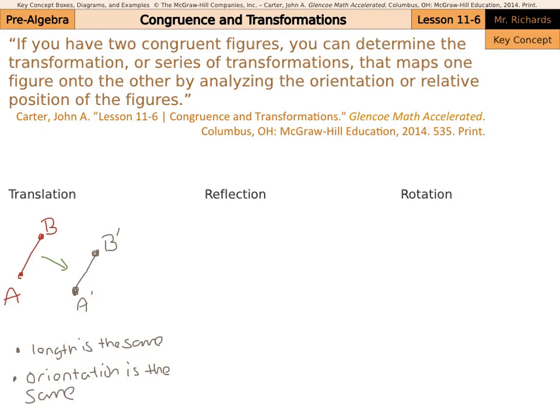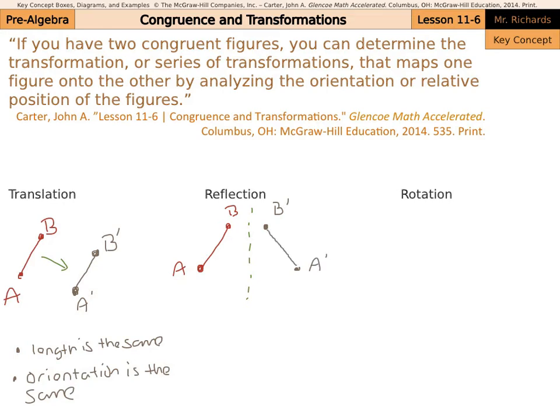What about reflections? Well, if we have our original AB, and let's look at then a line of reflection here. This would become A prime B prime. B's an equal distance away, A's an equal distance away.